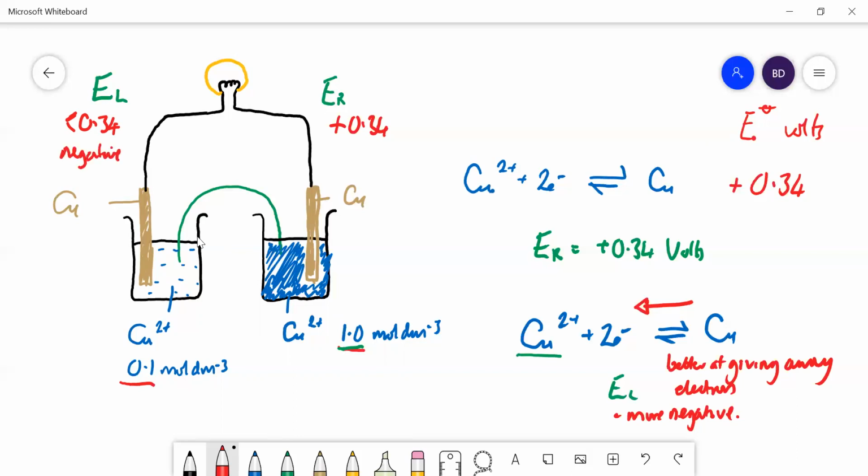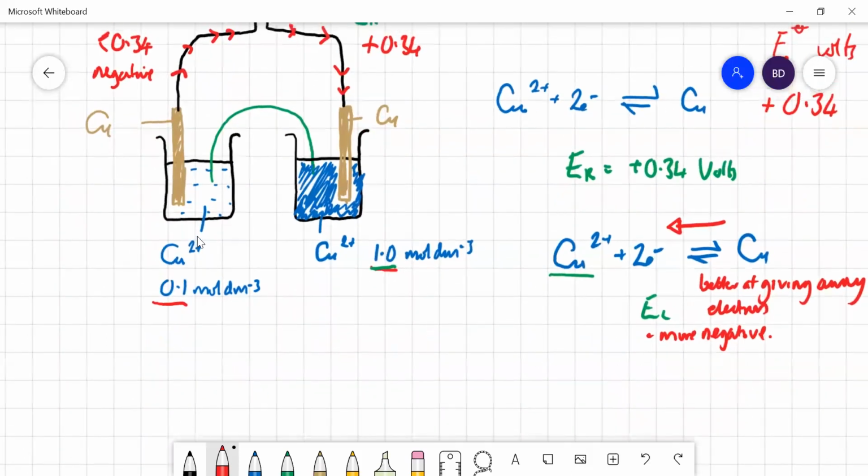So we can see we're going to get a voltage difference, and so we're going to get electrons flowing out of the negative electrode, and it's going to light that bulb up, and they will flow into the right hand side. So imagine if we allow this cell to run, what will happen eventually?